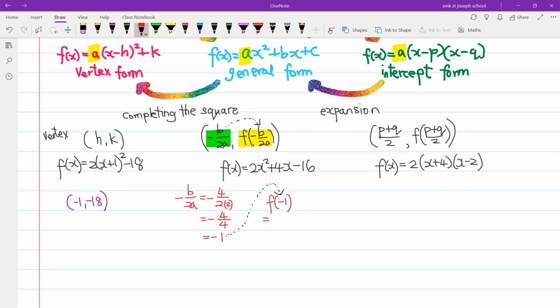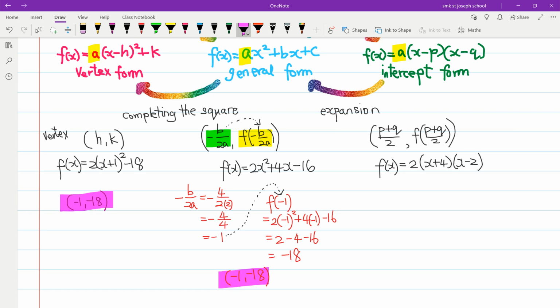So we use the same function, 2 times negative 1 squared plus 4 times negative 1 minus 16. Then I get 2 minus 4 minus 16, I get negative 18. So we managed our vertex. Please compare with the vertex we managed earlier, and they are the same.